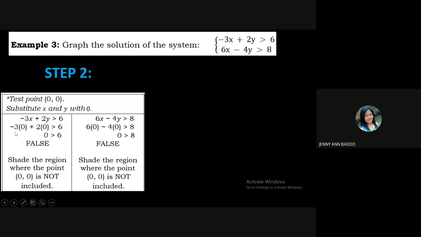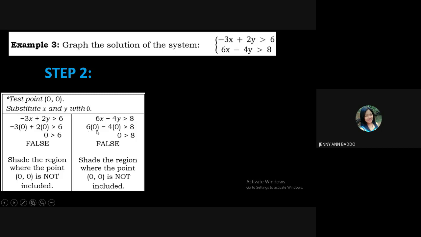By substitution, we have negative 3 times 0 plus 2 times 0 is greater than 6. Simplifying the left side of the inequality, we now have 0 is greater than 6, which is obviously a false statement.